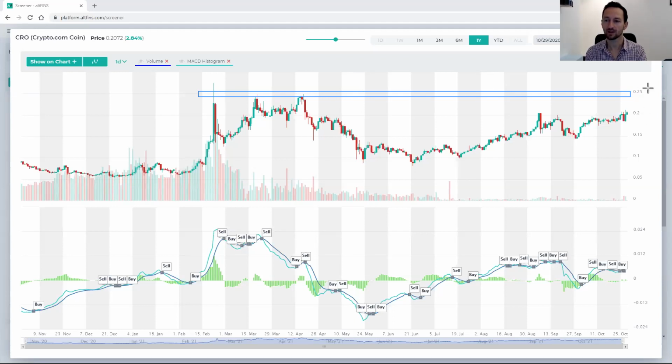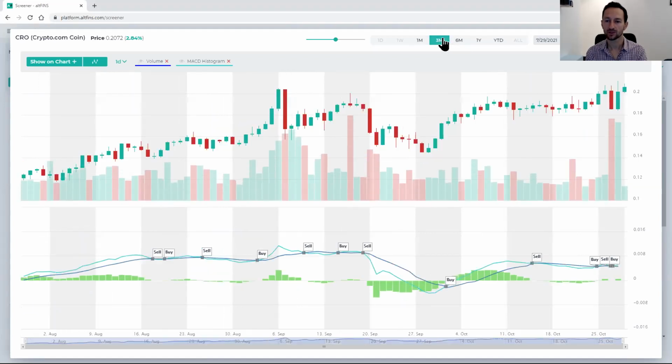So I'd say that's my upside, 20 to 25 cents. From 20 to 25 cents, that's what, 25% upside. Well, where's my downside? Where would I put the stop loss? Well, that would be the recent low in the downswing. So let's zoom in. Recent low in the downswing, I'd say, is right here.